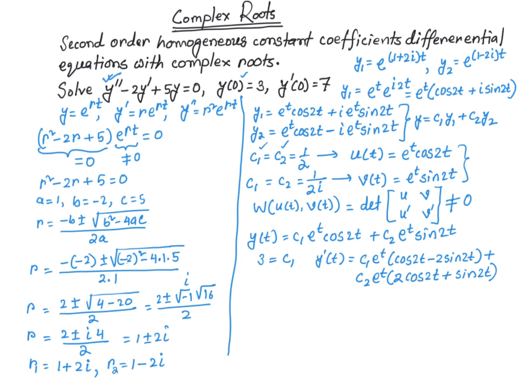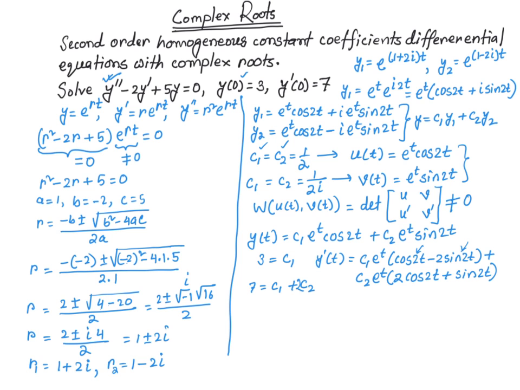Now, if you just plug in the initial condition, which is 7, that will give me 7 equal to c1 e to the power 0, which is 1, cosine of 0 is 1, and the sine term is going to vanish. So that's going to give me just c1 plus, similarly, for the second term, 2c2.